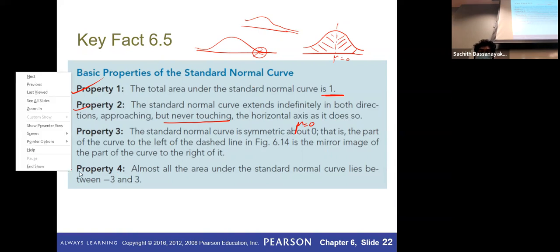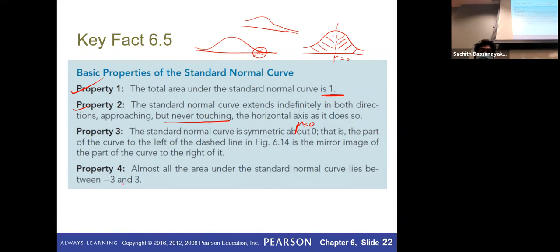Almost all the area under this curve we can bound between -3 and 3. Do you remember 3 sigma? It is similar here, but we don't need to consider sigma. If you consider your standard normal curve, here you have -3, here you have 3, and almost all the area is within this range.